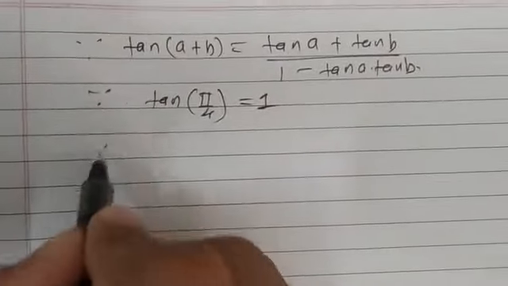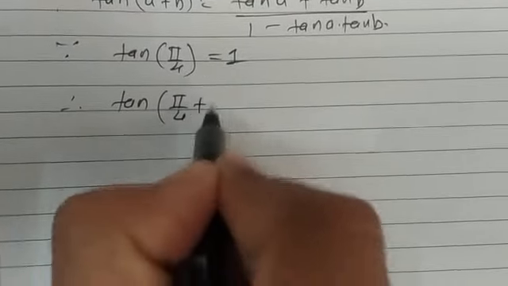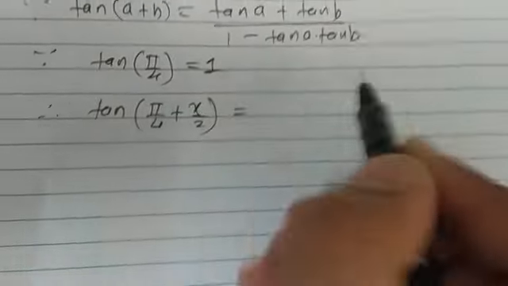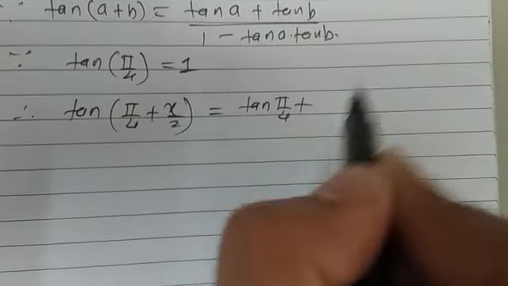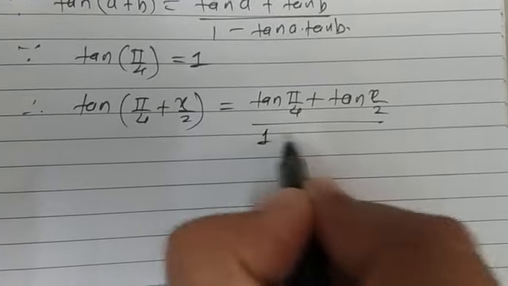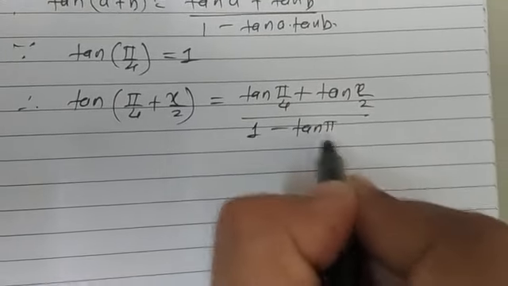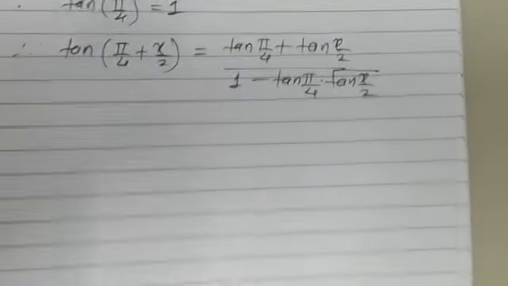So what is the expansion of tan of pi by 4 plus x by 2? That expansion is tan pi by 4 plus tan x by 2 upon 1 minus tan pi by 4 into tan x by 2.